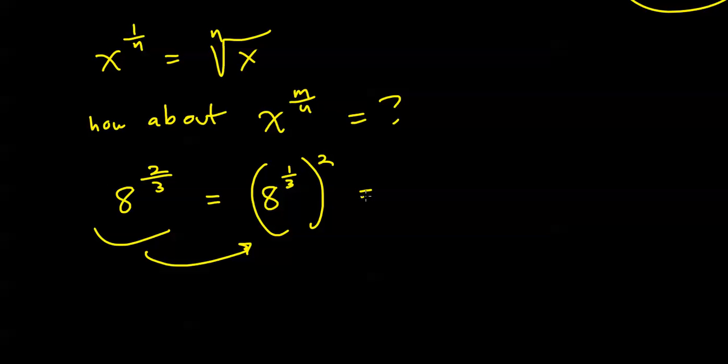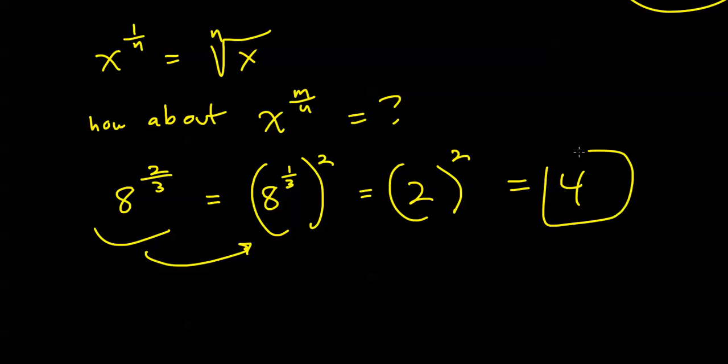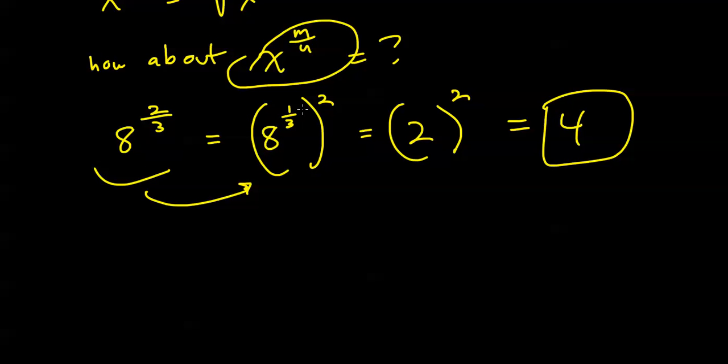So essentially I take my denominator root first. 8 to the 1/3 power, well, I know that's the third root of 8, and that's 2. And 2 squared is, of course, 4. So I basically just justified how to handle expressions of this type. Basically, I can take my denominator root and then raise to my numerator power.